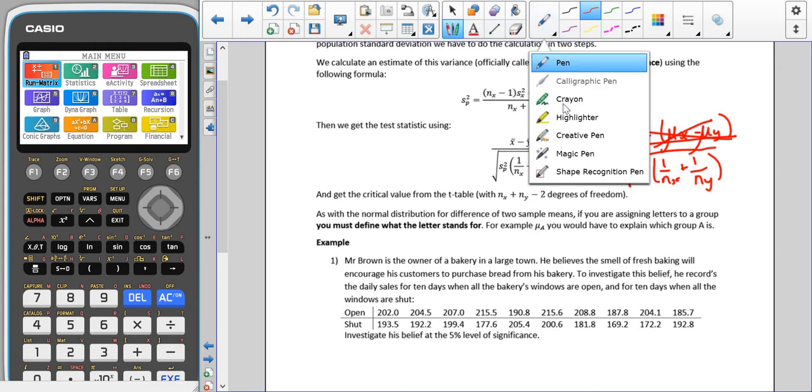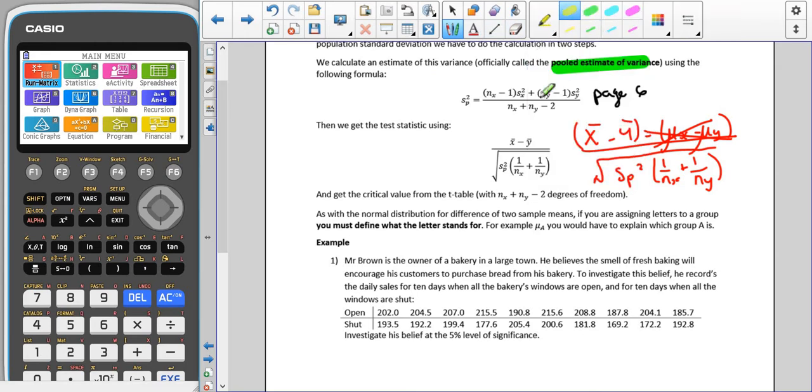This time, we are going to be getting our critical value from our tables. So to get that from our formula booklet, we're looking at page 19. This is the same table as we used when we had our single sample t-test.